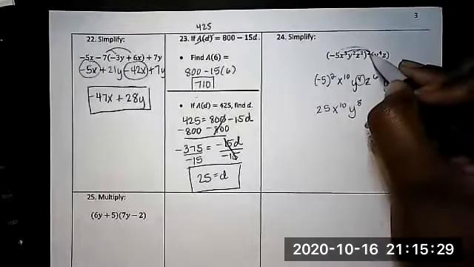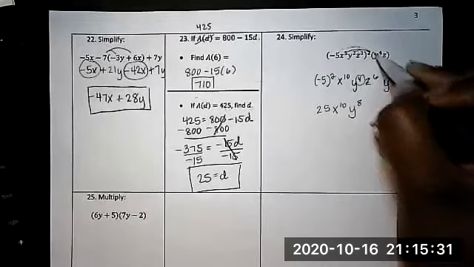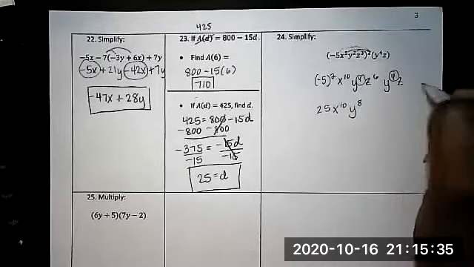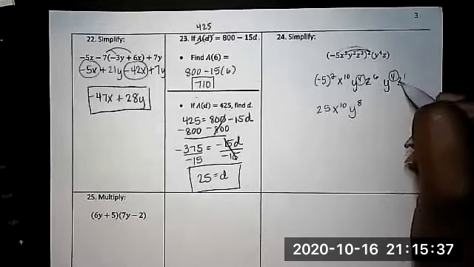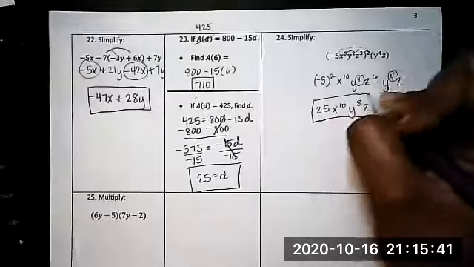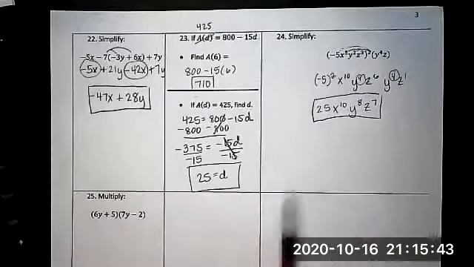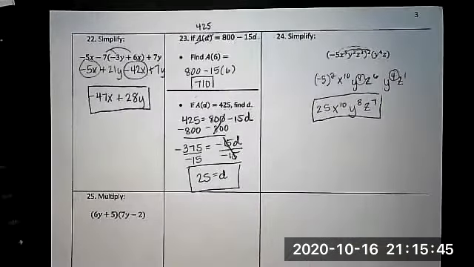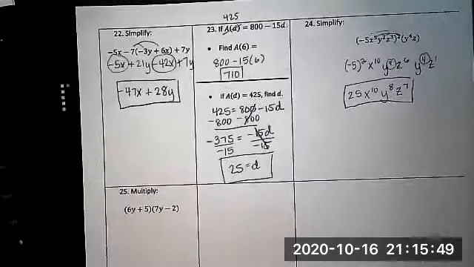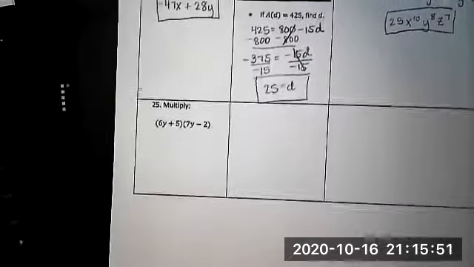Okay, remember when you're raising a power to a power, you multiply, but when you have the same base, you add the exponents. Here is a 6, 6, and a 1. You add those, that becomes 7. This is your answer. Okay, you have to remember your exponent rules. These exponent rules are not easy. There is so much to remember. But remembering your rules is important.